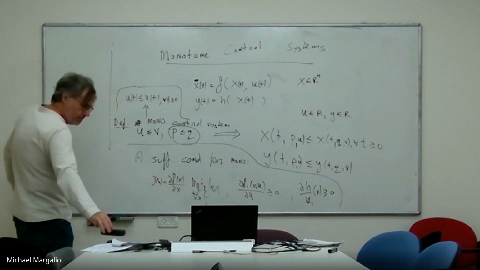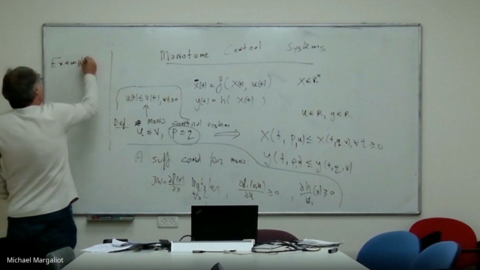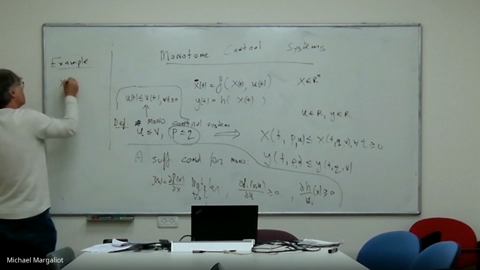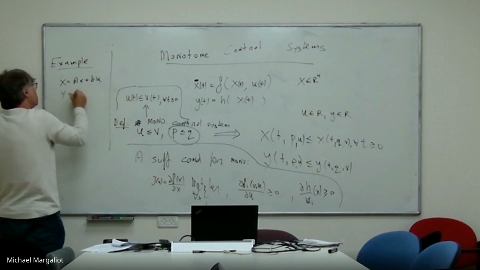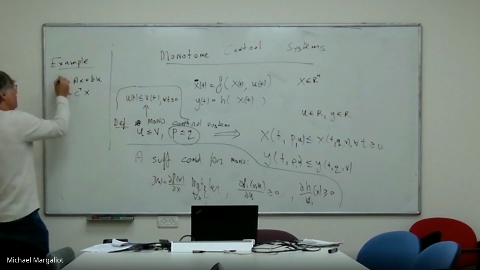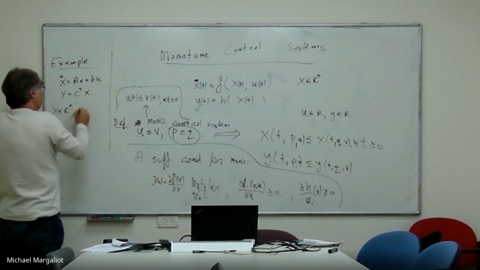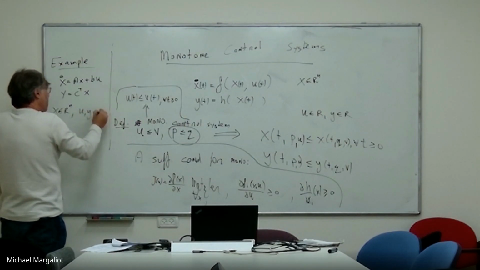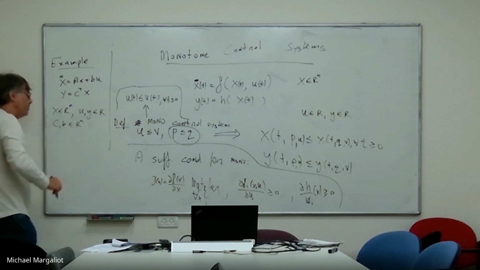An important monotone control system is linear control systems. Here, x is in R^n, u and y are scalar, and c and b are also vectors in R^n.